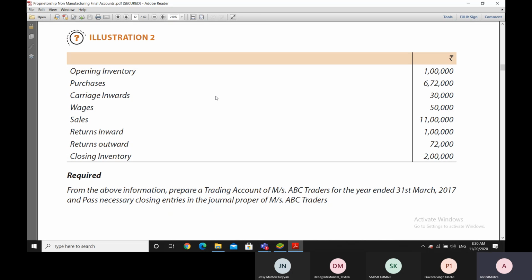And we have also seen that in order to calculate the cost of goods sold, we have to add to the opening inventory the purchases, the carriage inwards, and the wages, the direct expenses, and of course the return inwards, and then we have to reduce from that the closing inventory.